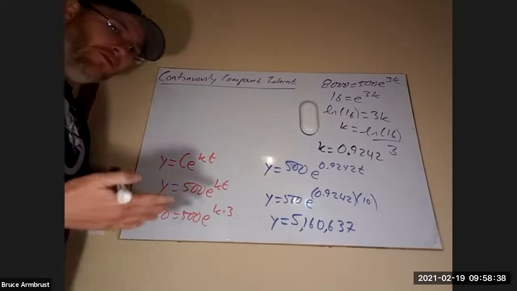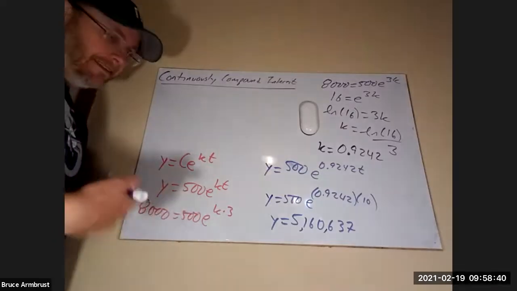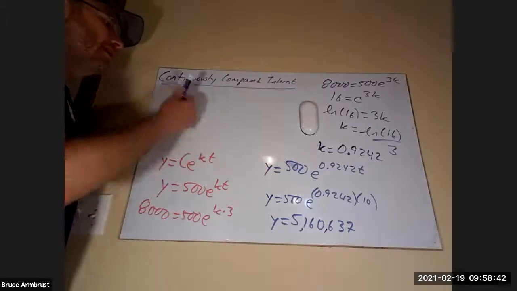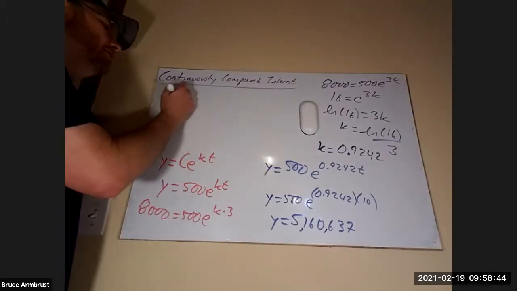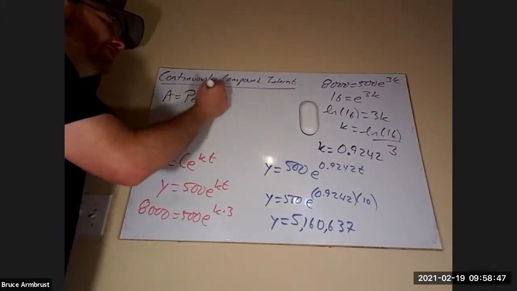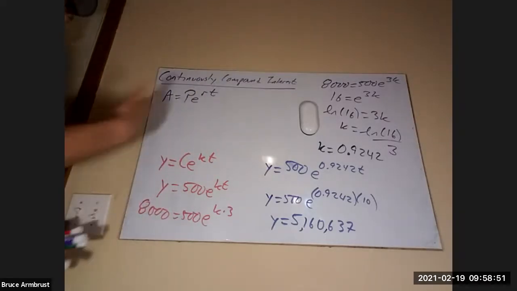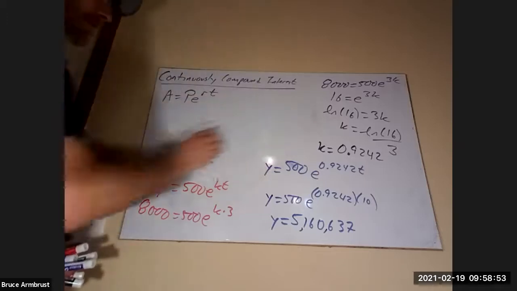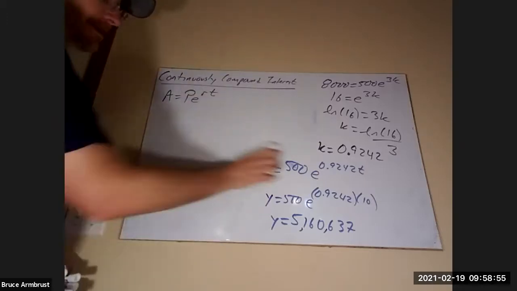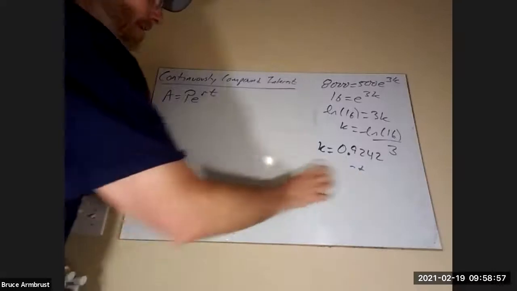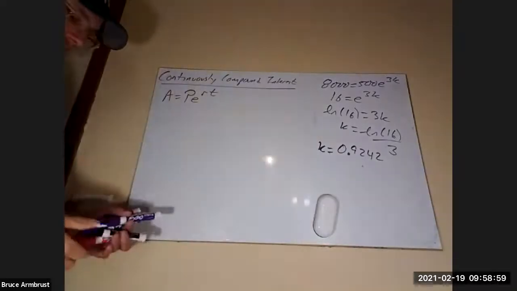So it's sort of a theoretical and yet can be used. And again, it's an exponential deal here. I'm going to change the letters a little bit because this is what we usually see for compound interest. I call it the Pert formula. But all the pieces are still the same.